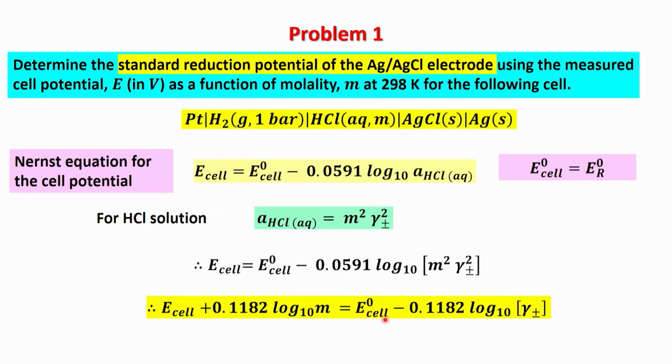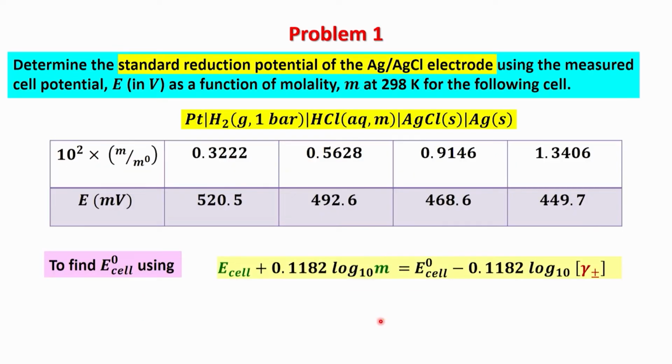Now, coming back to the highlighted formula, I am going to find E naught cell using this formula, and here I am going to point out that whatever I have on the left hand side of this equation involves known values of both E cell and m. Therefore, I know the left hand side of this equation completely.